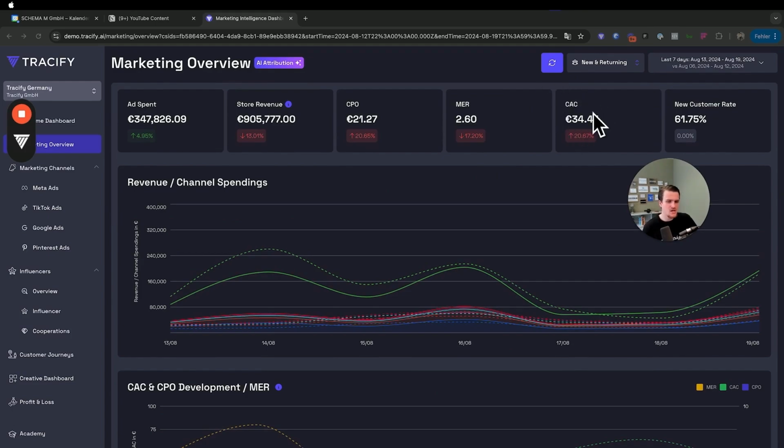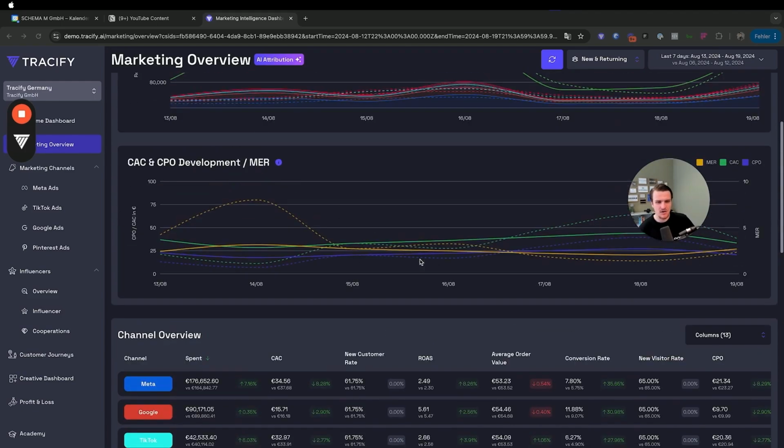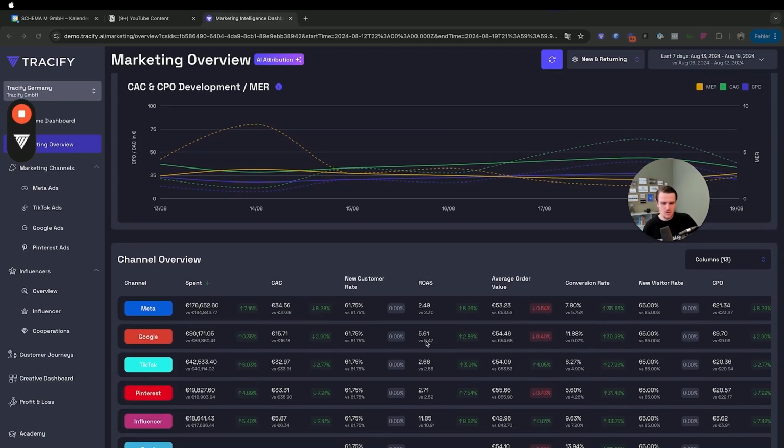When we have 30 euros in CAC, and that's also how I do it, I try to understand, okay, what's the relative ROAS of the channel that correlates and has a causation with that CAC. So I really try to understand, okay, for example, maybe we need on Meta a ROAS of 2.3. We need on Google a ROAS of 5.6. So the channels don't have the same ROAS targets. That's very, very important.